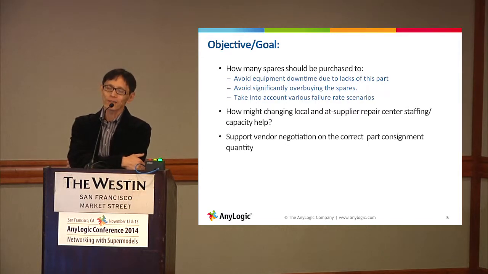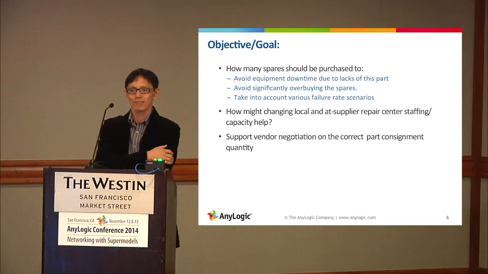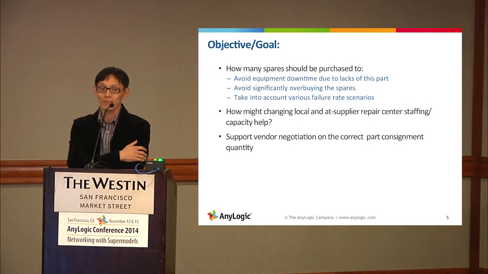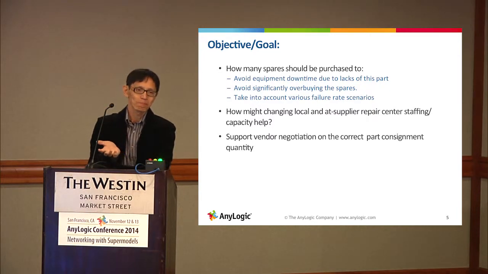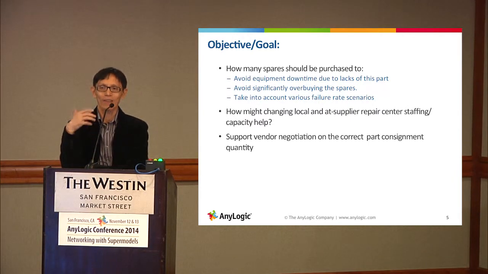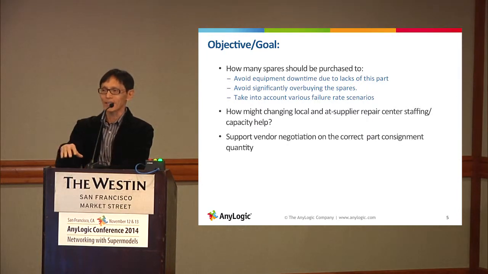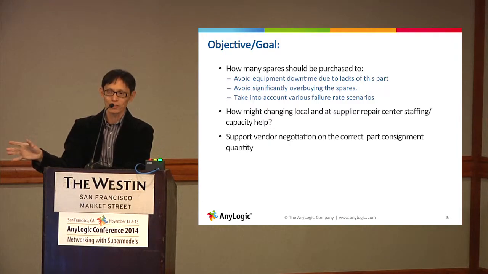And the final one is supporting the vendor negotiation. The commodity manager is looking for us to provide data that can support the negotiation, and it would be better if they can show this model to the supplier and tell them this is what we got, this is how we derive the inventory we need.